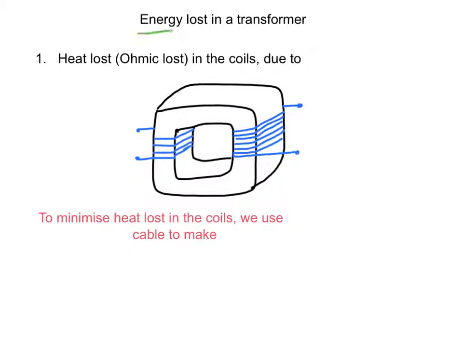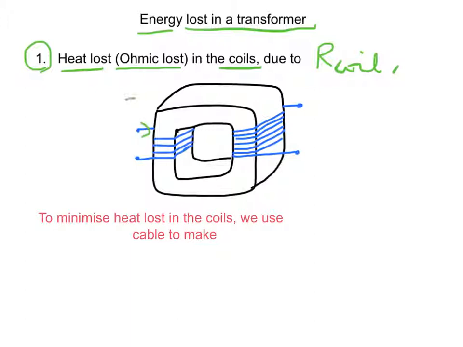How is energy lost in a transformer? In fact, energy is lost in a transformer in 3 different ways. The first one is the heat loss, or we say the ohmic loss in the coils due to the resistance of the coil, when currents Ip and Is flow through the coils.